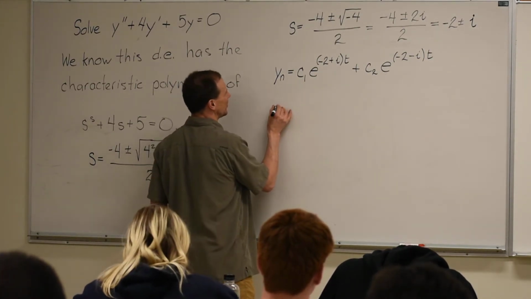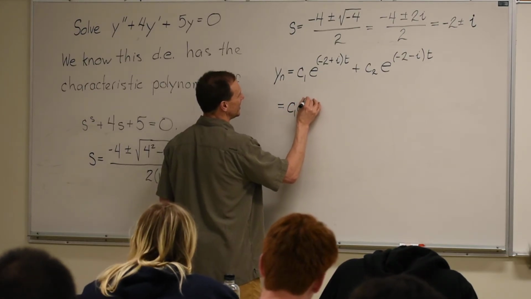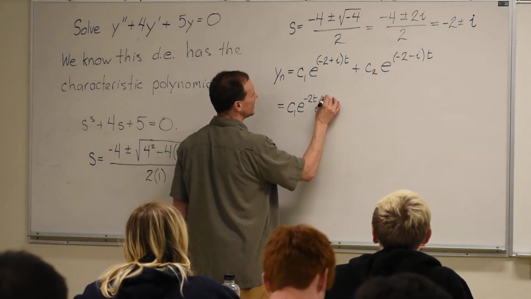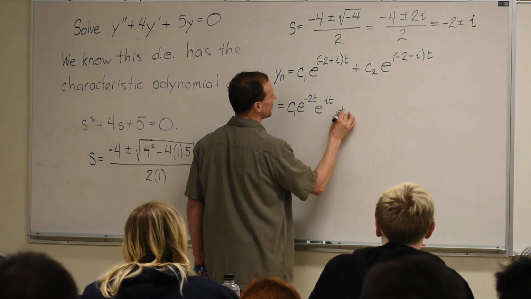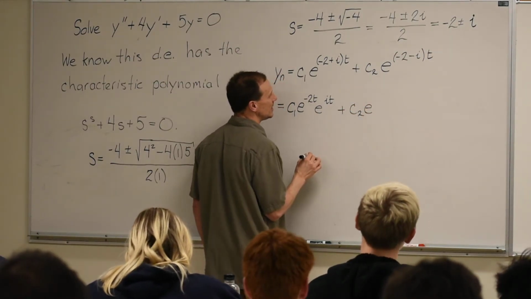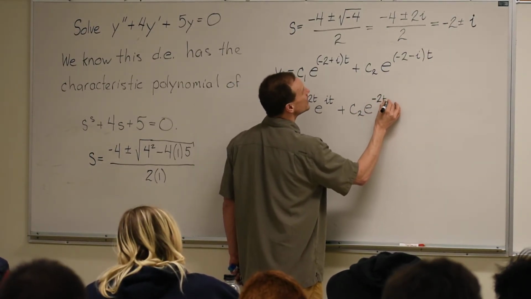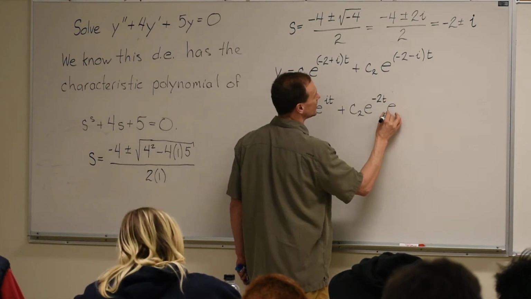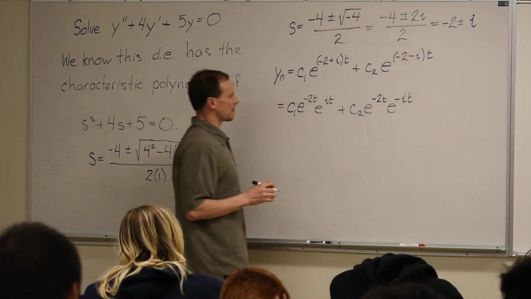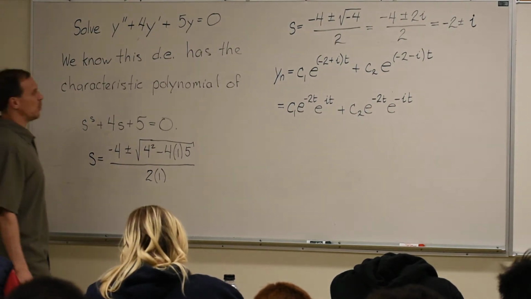Oh, remember this. So just so you can see what's going on. This is C1 e to the minus 2t e to the i t, plus C2 e to the minus 2t e to the minus i t.